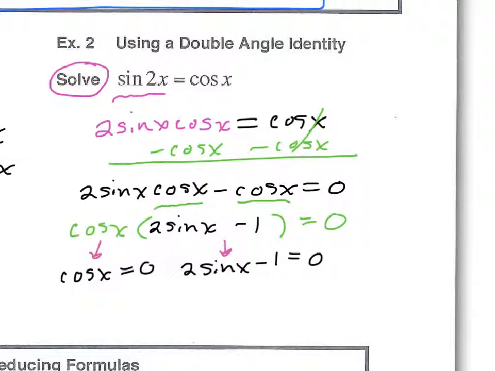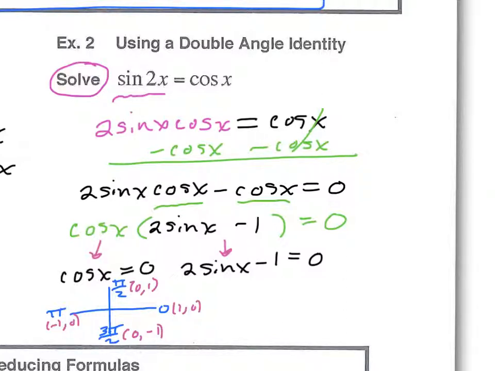So you need to think to yourself, okay, let me look at my coordinate grid. Here is 0, here is pi over 2, here is pi, and here is 3 pi over 2. What are my ordered pairs at 0? 1, 0, and then this one, 0, 1, and this one, negative 1, 0, and this one, 0, negative 1.